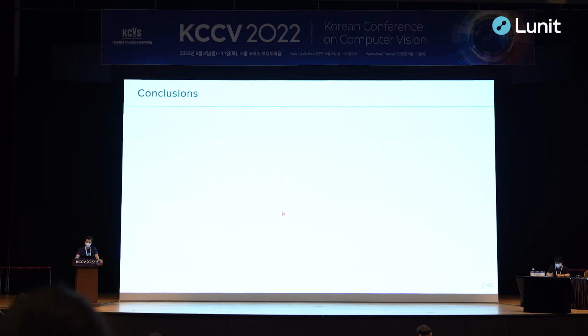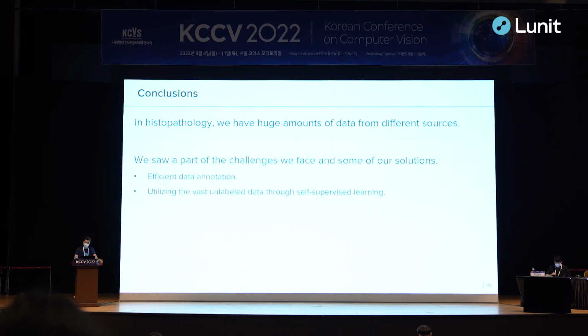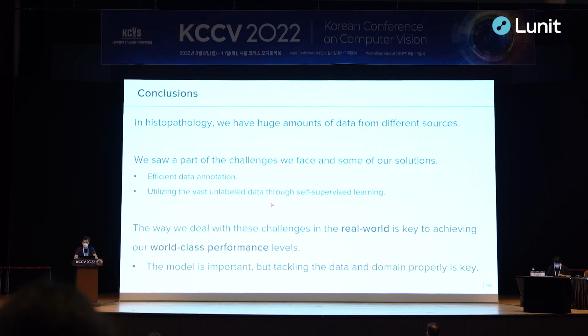Yeah, so to conclude for today, we do have a huge amount of data from different sources in pathology. And we saw three main challenges and how we are tackling these challenges through efficient data annotation and by utilizing unlabeled data by self-supervised learning. And I want to conclude by saying that in the real world, to get world-class performance, the model is important.